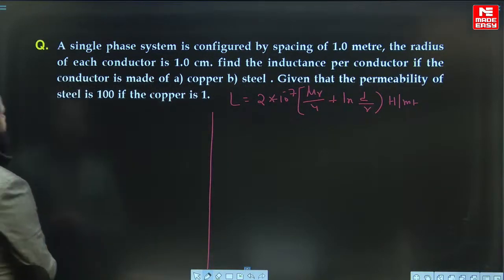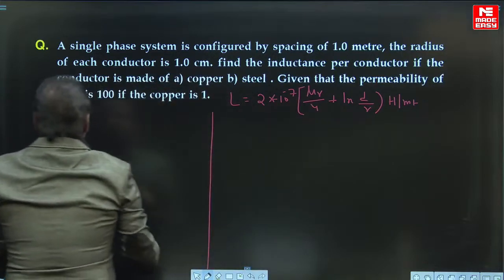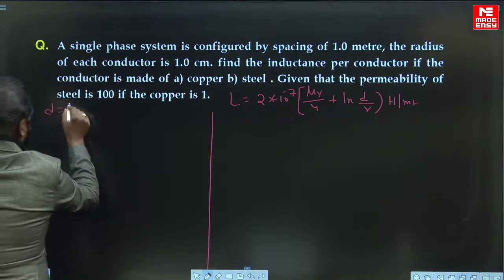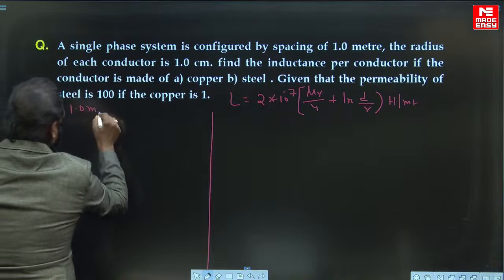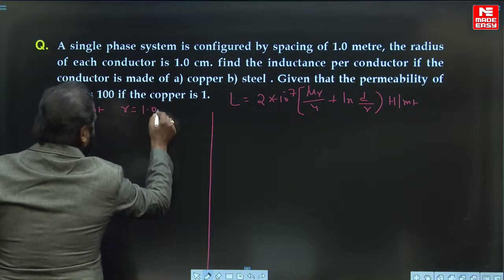Here the spacing D is given as 1 meter and R is given as 1 centimeter.